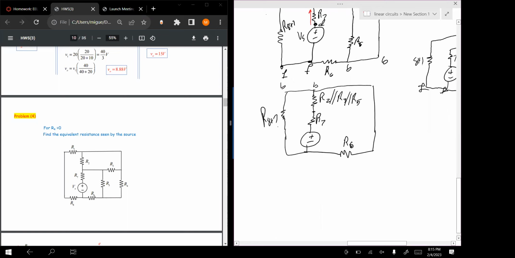I'm going to move the R8 plus 1. That's a 1, not a 7, to the right hand side. I'm going to combine these two resistors in series, and move R8 plus 1 to the right hand side. So we're going to have a resistor here, and then R8 plus 1, and then R6 over here.